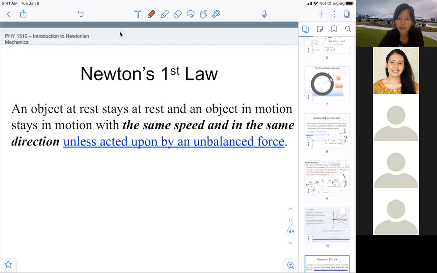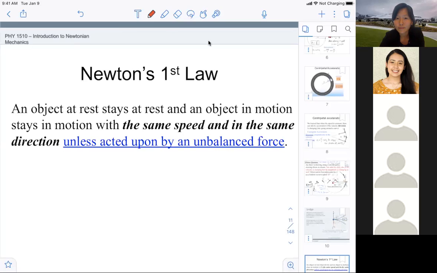A lot of times in the past, especially in history, people have used inertia to represent this phenomenon, but that's an outdated word. That is inertia. I'm sure that we have already all heard of that word before, right? So in your opinion, what does it mean to you when you hear the word inertia?